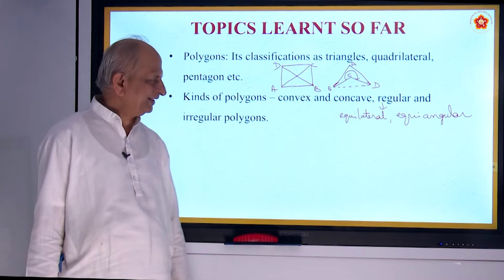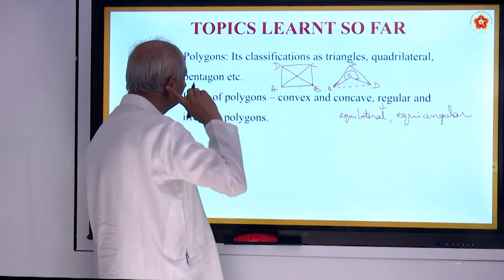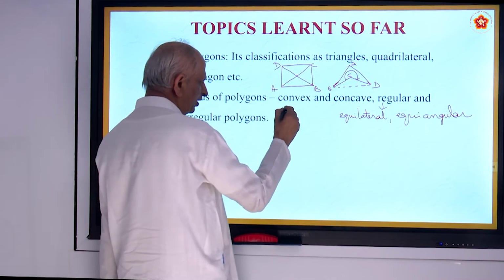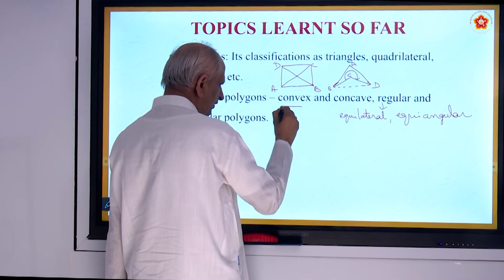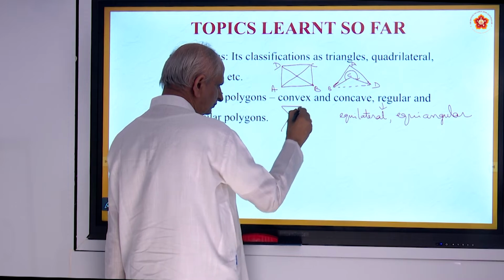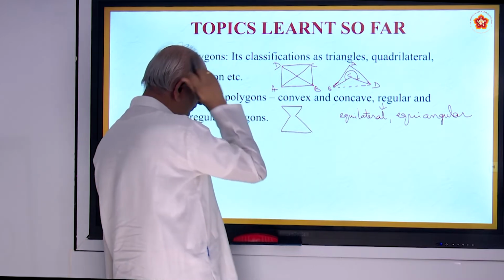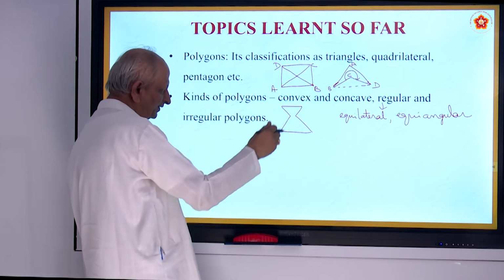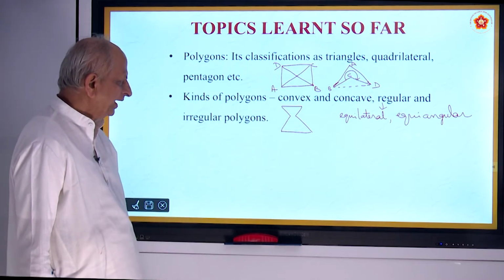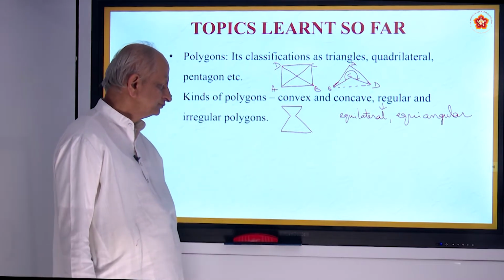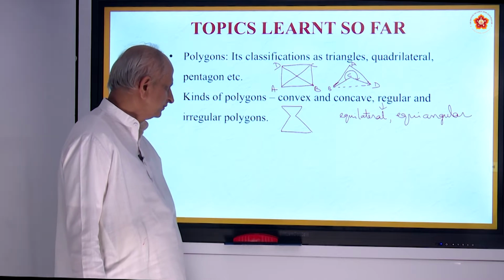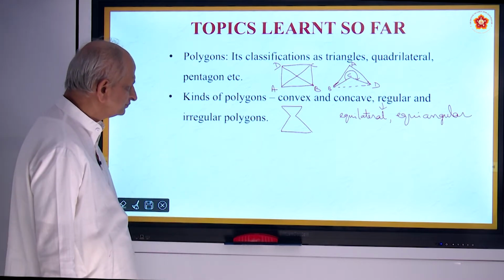See here in this case, you can even think of a hexagon. This is called irregular because sides are not equal, angles are not equal. So that is called an irregular polygon.